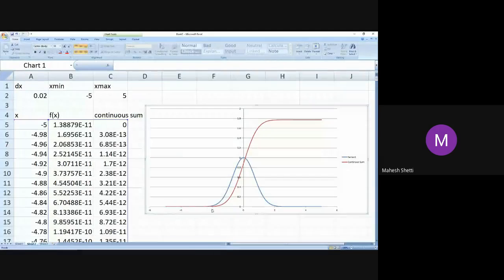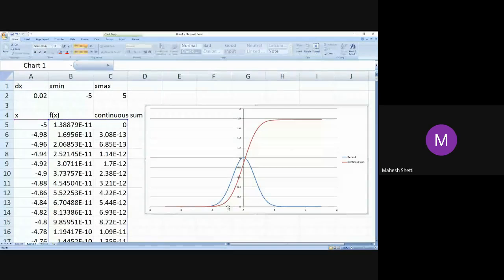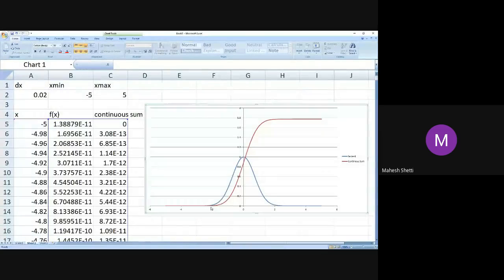So basically you go on adding the area under the curve in the blue, and this addition is nothing but this red curve, and the red curve goes on increasing. After the top, again you are further adding it, and therefore it goes on increasing further. But beyond 2, you see the contribution is not changing much from the original curve. Area is becoming very, very small, and therefore the addition in the area is not increasing much, so it is effectively becoming flat.